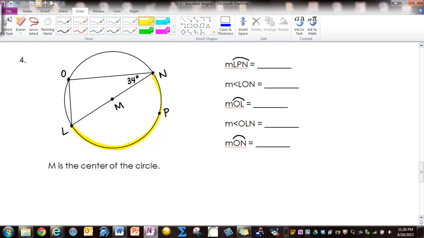Now, if M is the center of the circle, that means that segment LN right here is a diameter. And if segment LN is a diameter, then the yellow arc, which is arc LPN, is going to be a semicircle. Since it is a semicircle, it has measure 180 degrees.